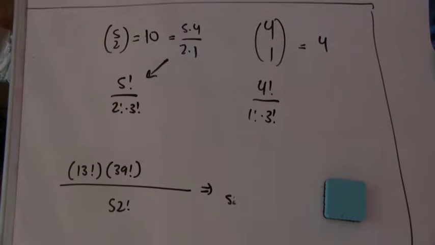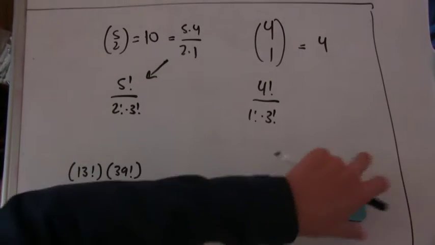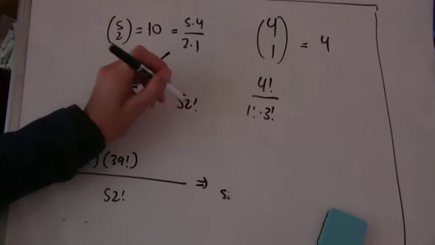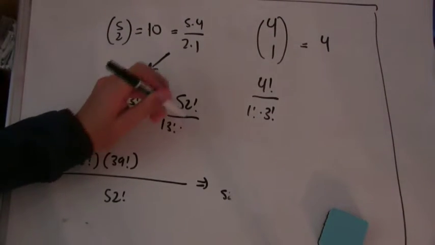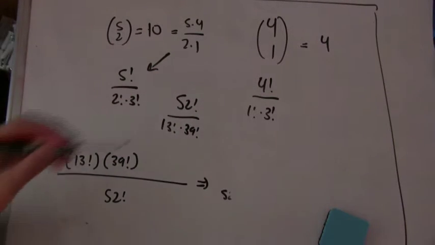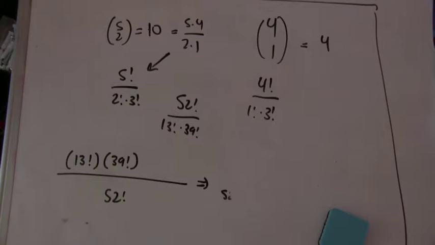Okay, so 52 choose 13 is going to be 52 factorial over 13 factorial times 39 factorial. Alright, which is 1 over what we have here. So it's 1 over 52 choose 13.